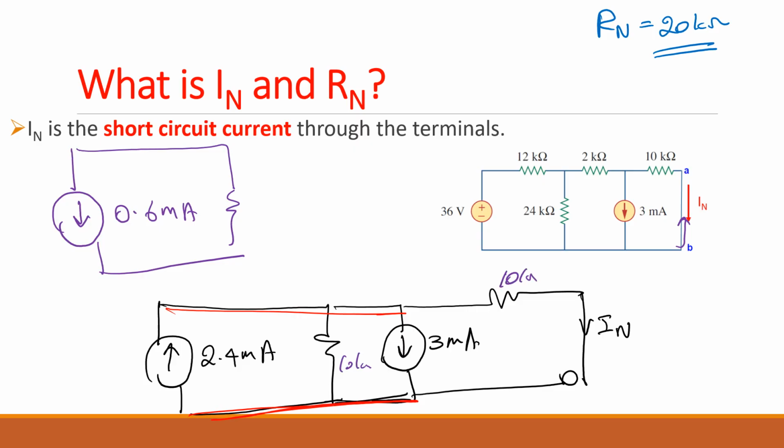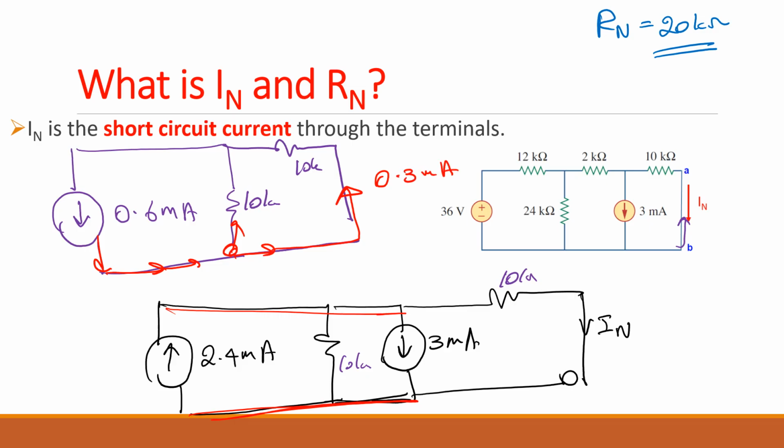So 10 kilo ohms and 10. It's like this. This current is coming to this node and splitting between these two, and the current going here in the upward direction is 0.3 milliamps. Is that right?